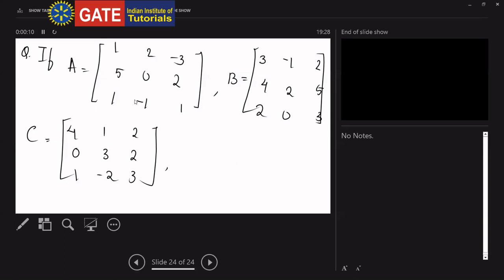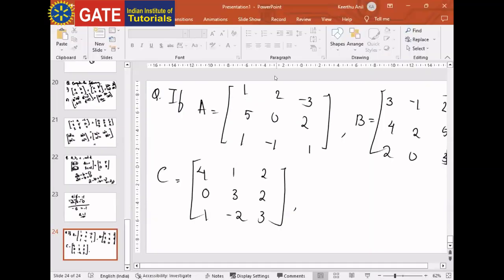The numbers will be which one? B matrix, no? In row 3, minus 1, 2, 4, 2, 5, 2, 0, 3. Okay. And C matrix is this, you can see, na?